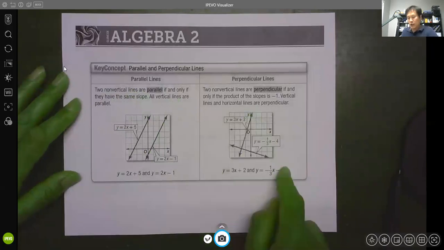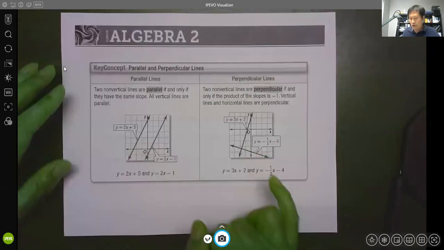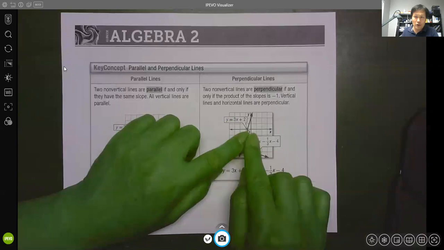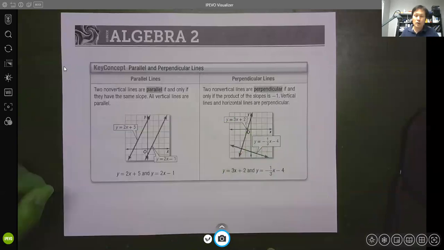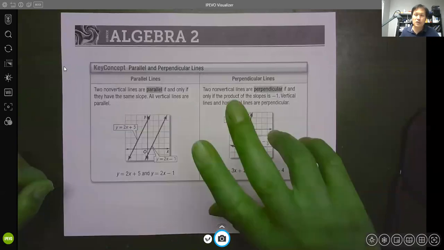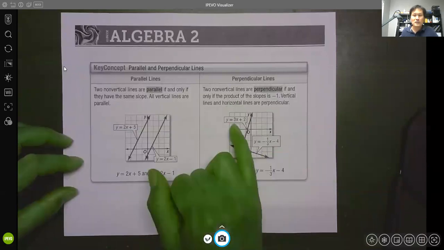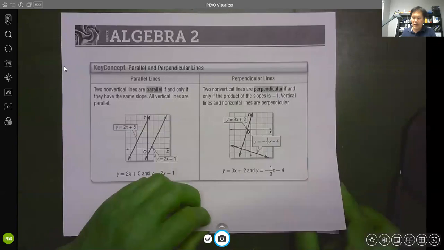Perpendicular lines make a 90-degree angle together. Their slopes are opposite reciprocals. So 3 as a slope, -1/3 as a slope. If you multiply both slopes together, it becomes -1. So flip it, change the sign. That's the relation of slopes of perpendicular lines.